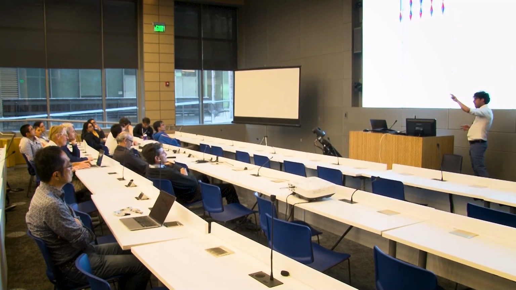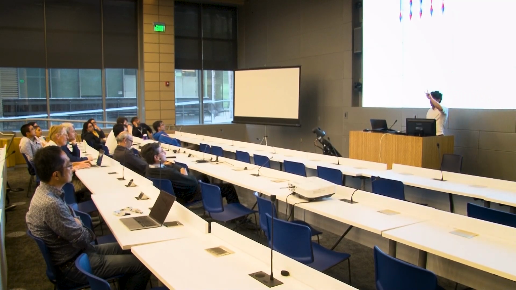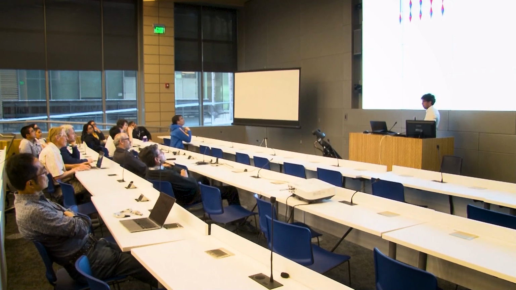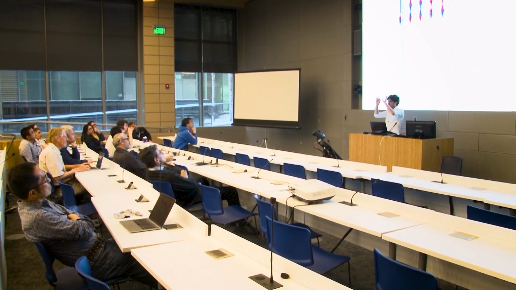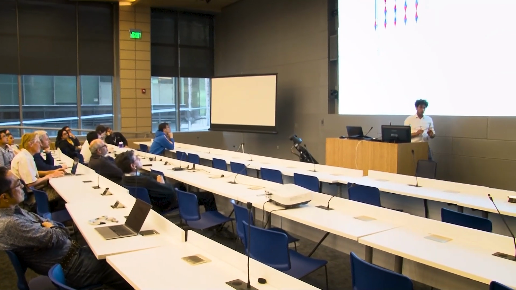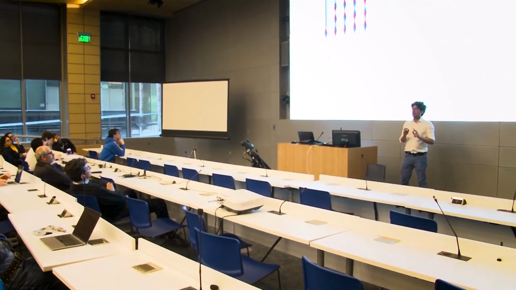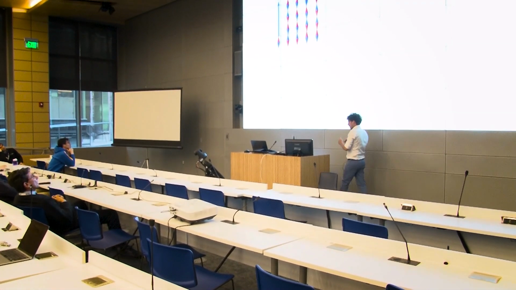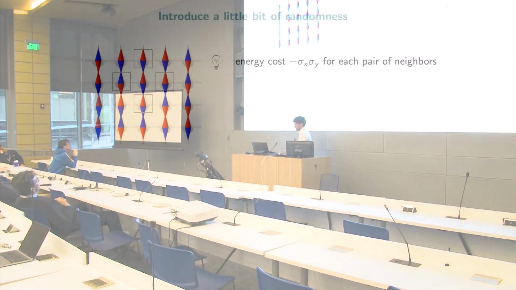So for every pair of neighboring vertices, I'm going to assume that there is an energy cost for them not to be aligned. So the energy for a pair of vertices is going to be +1 if they disalign and -1 if they align. So it's going to be minus sigma x, sigma y. If they agree, I get -1. If they disagree, I get +1.